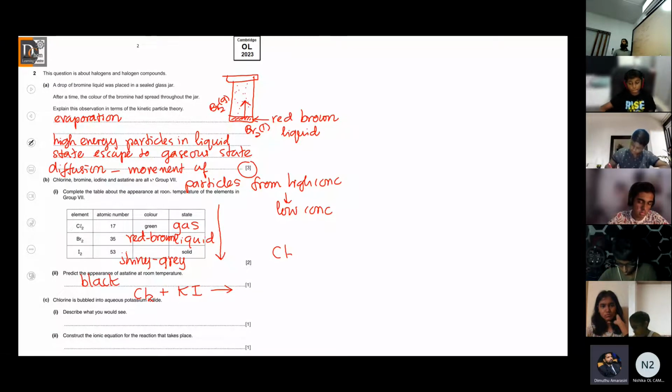Do you know the most reactive nonmetal in the periodic table? Fluorine. Disastrous. You can't even put fluorine into water. It reacts with water and produces oxygen gas. It displaces oxygen from water. Halogens' reactivity is highest at the top. When you go down the group, it becomes less reactive.